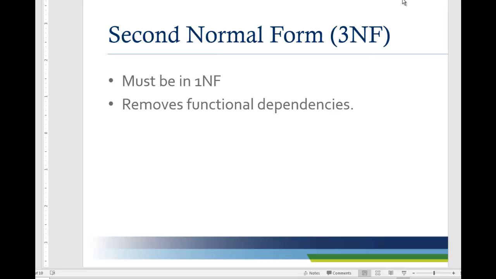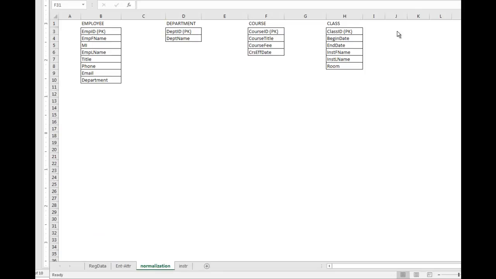Let's take a look at our example, our data. In this example, if you look at employee, department, course, and classes: in department, everything, department and department ID, they all belong together. They're describing the same thing. The same thing with course. We have the course title, the course fee, the course date.